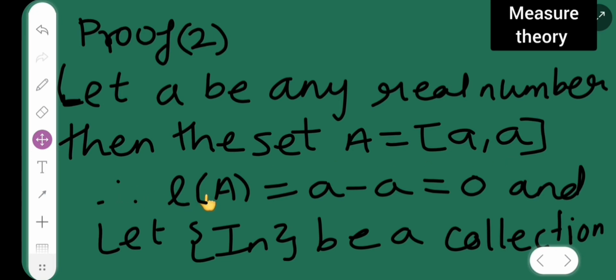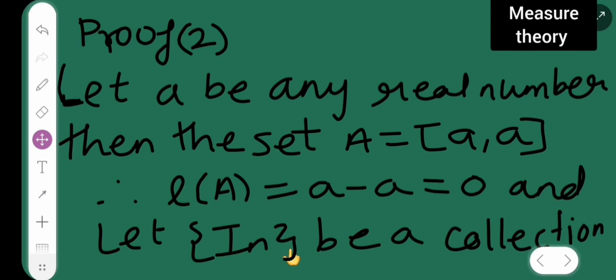The length of an interval is the difference between the two endpoints, which I have already given you in the definition. Here the difference between the two points is a minus a, which is equal to 0.